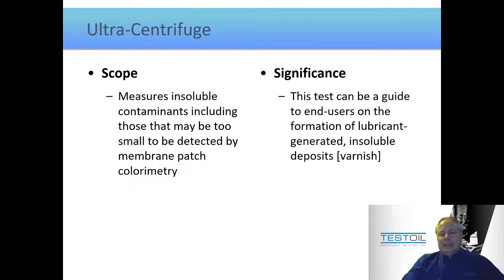But a completely different approach to measuring these insolubles is called ultracentrifuge. And this is a test that's done by ExxonMobil. And basically what they do is sort of the same approach in that they try to quantify the insolubles in your oil, significance being, again, higher insoluble content, greater tendency to varnish.